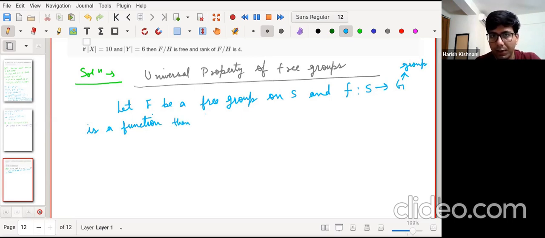Then there exists a unique group homomorphism.